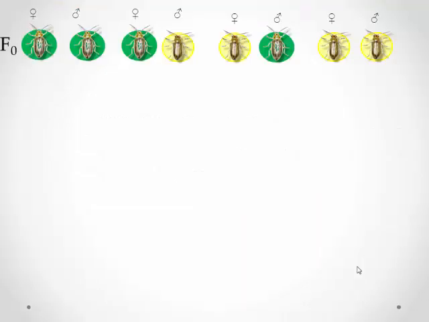So the scheme looks a bit like this. We have 1 species on the left, the parental, 1 species on the right, and then we have each of the crosses with the female from 1 species and the male from the other, and then the same thing vice versa. And we have this for all 3 species, so this is only 1 subset of all of the crosses that we have.